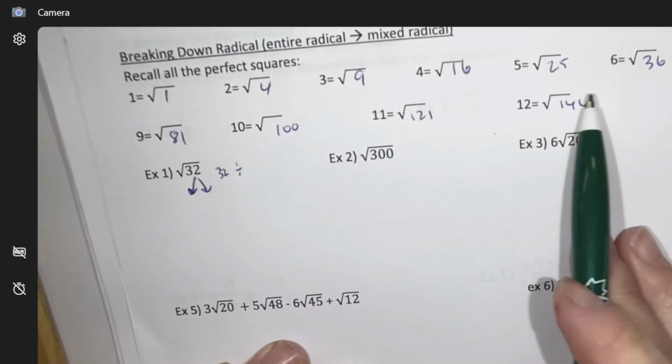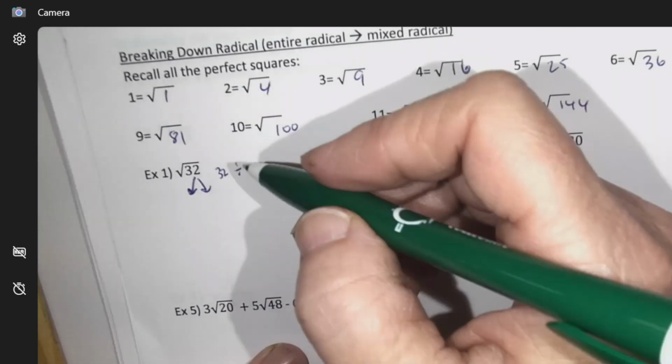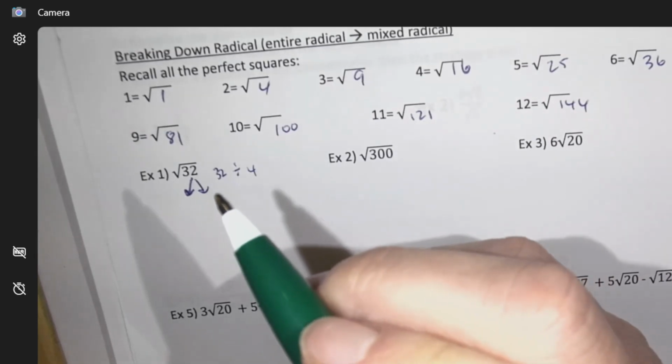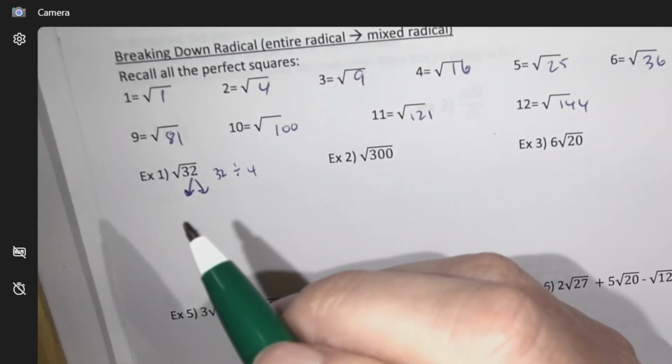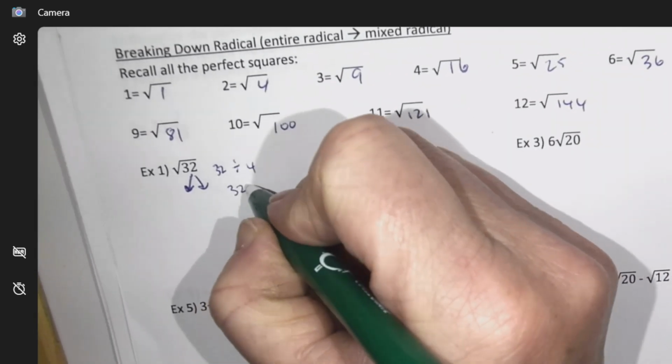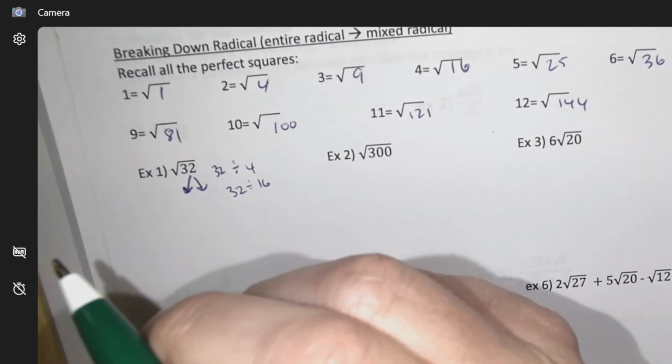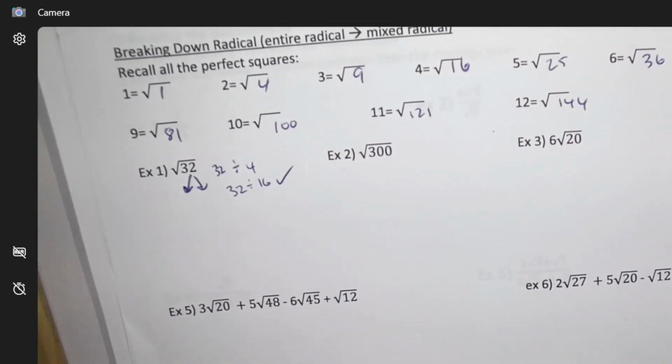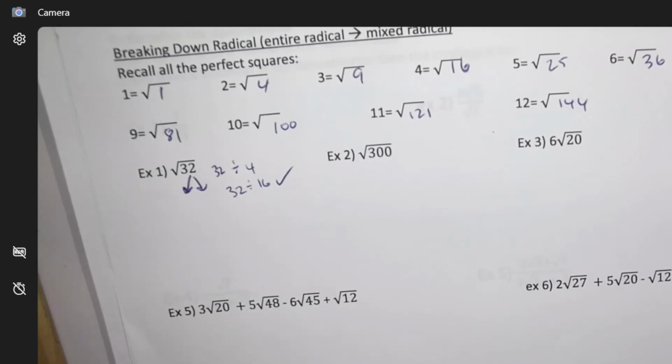Anything on this list? 4. It's divisible by 4, that's right, but I'm not going to pick 4 because it's also divisible by 16, which I'm going to always try to pick the biggest one. If I don't, I will have to do this process doubled. Okay? So trying to pick the biggest one.